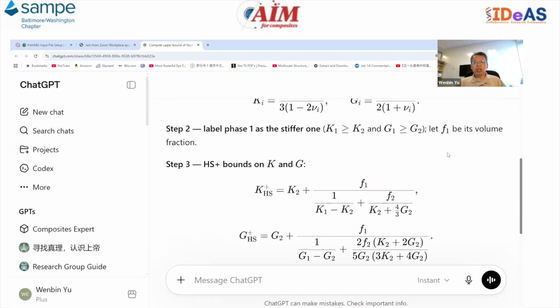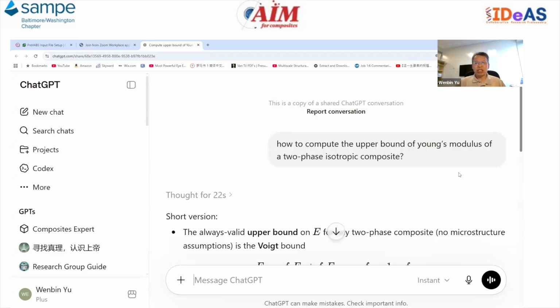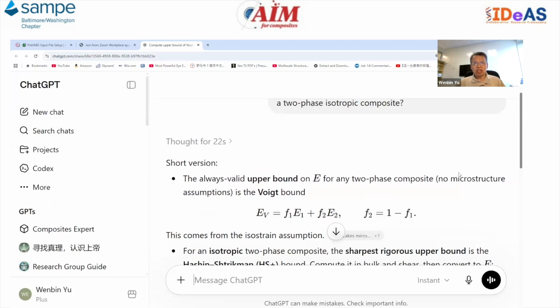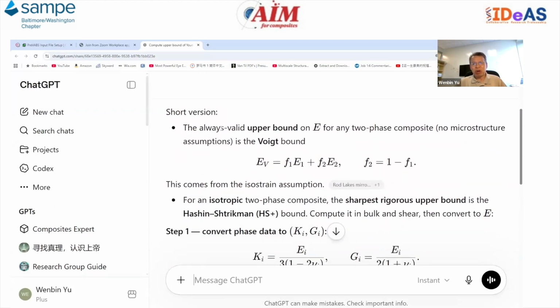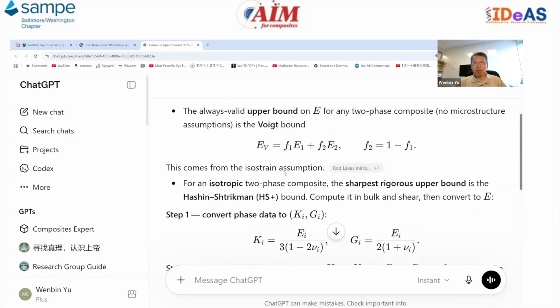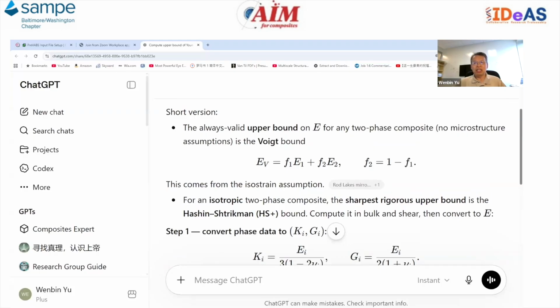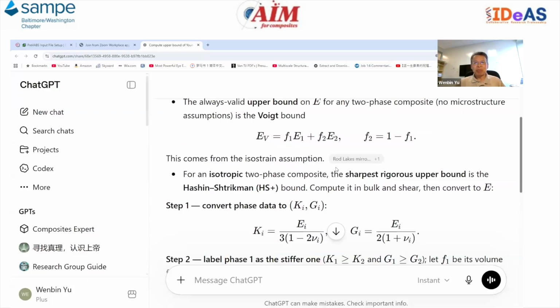Yeah, either way, you ask the same question, and of course, it says the always valid upper bound is only the Voigt bound, which is not correct. This is a simplistic rule of mixtures, and I purposely wrote a paper on this. That's not right, and you get a quadratic term related to the difference of the Poisson's ratio for the upper bound.